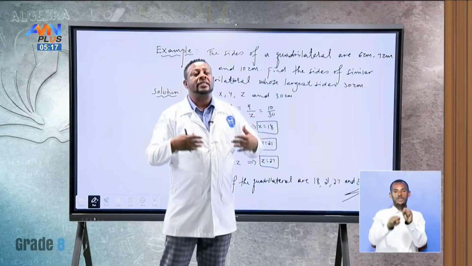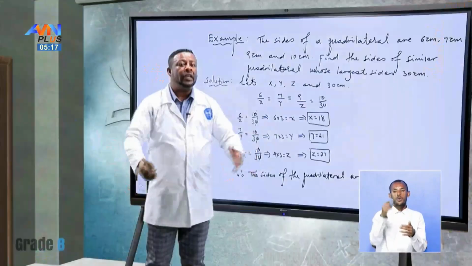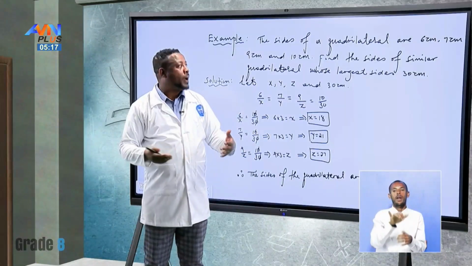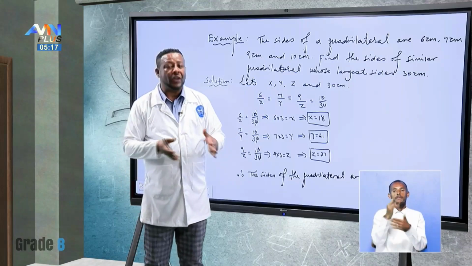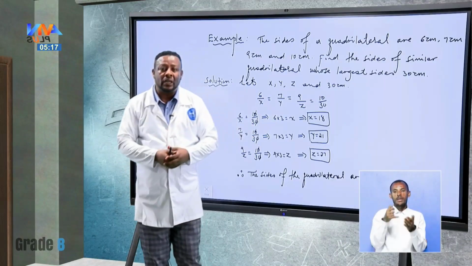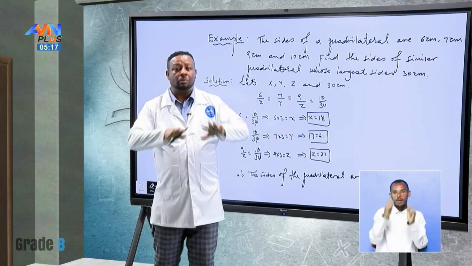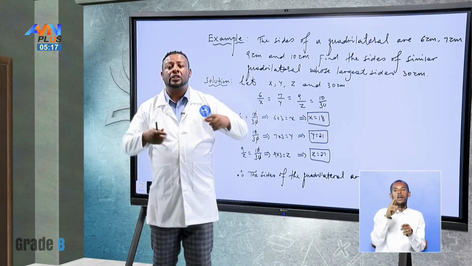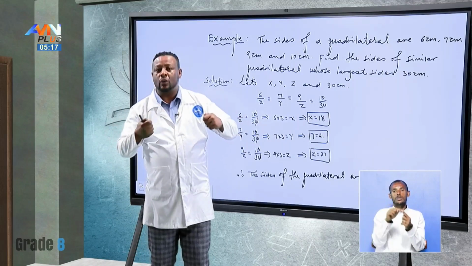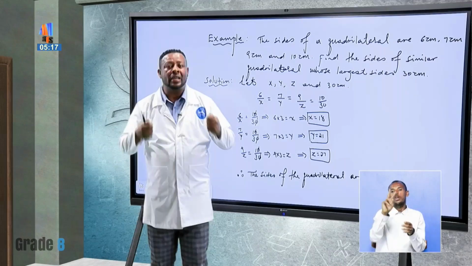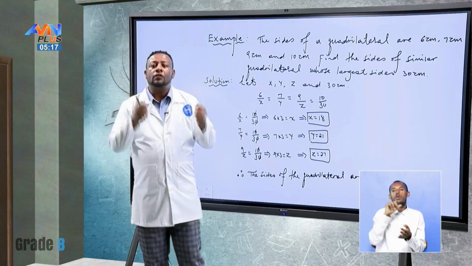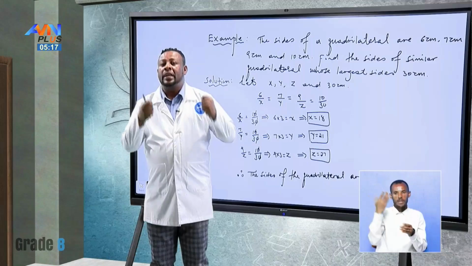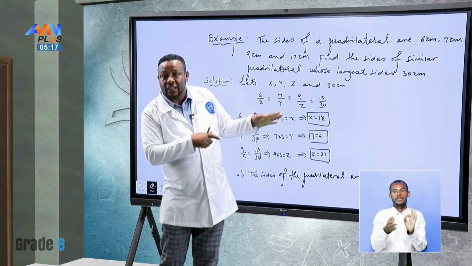So this is how you determine similar plane figures. It can be a triangle, it can be a quadrilateral, it can be a pentagon, or other plane figures. Okay, whenever you are interested to check whether two polygons are similar or not, don't forget to properly apply the definition that I already stated.